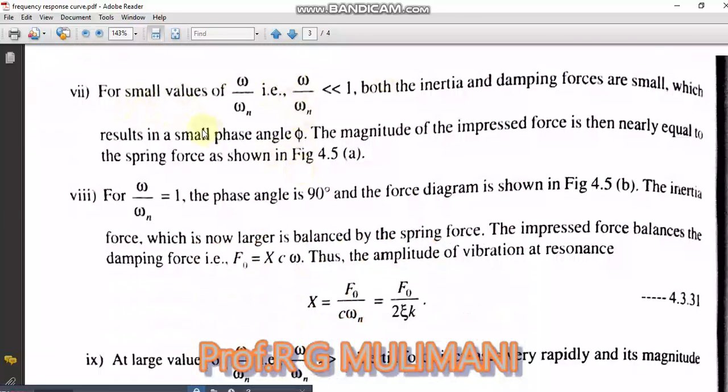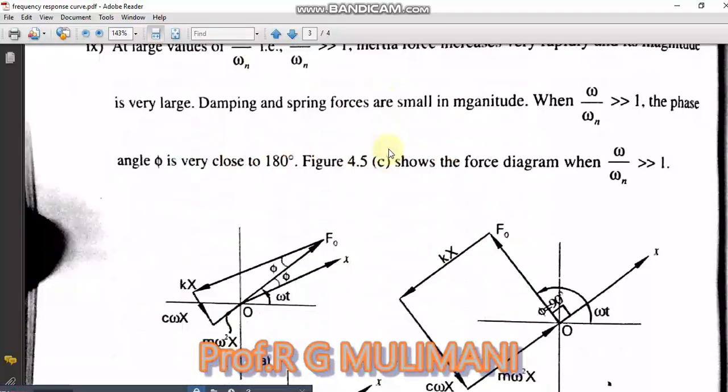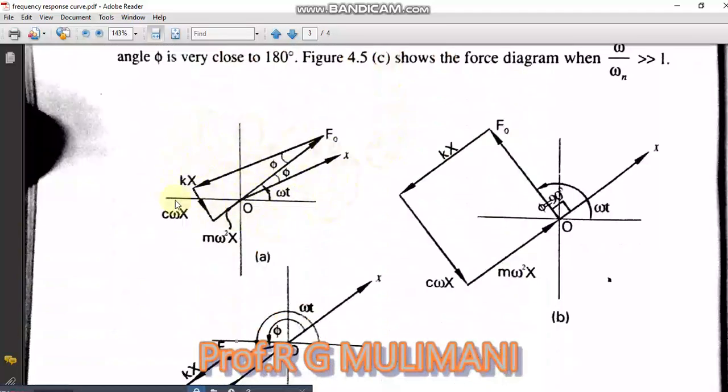Okay, now we will see for omega by omega n, when it is a very small value, then the inertia and the damping forces are small. Okay, it is shown here in this figure. When the inertia force m omega square is small, damping force is also small, so you will get this phi value also very small.